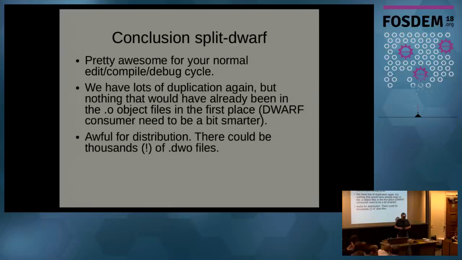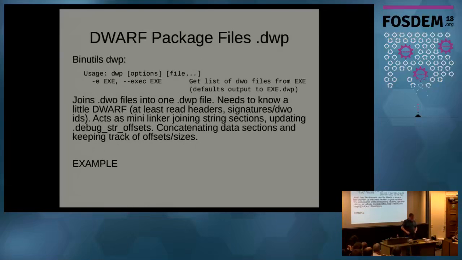I'm also not sure people have used this in anger yet, really with thousands of DWO files, because for elfutils I try to be smart and it's all very lazy, so we just open the DWO files and only read them when we need to, and after a couple of thousand you don't get more file descriptors. That's not nice. I assume GDB does something smarter. No? Oh, okay.